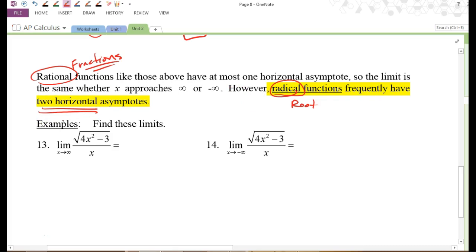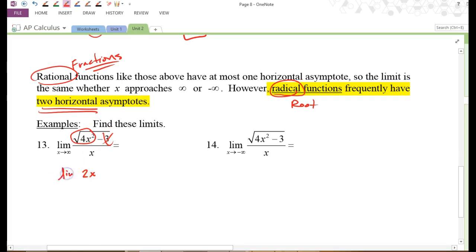Okay, so let's talk about this with question number 13. We're still going to use the same idea of looking for the asymptotes, but we're going to have a plus or minus idea. If we took this piece right here and said, I'm not considering this, I'm looking at that first term. I have a square root of 4x squared. If I took the square root of 4x squared, I would get 2x.